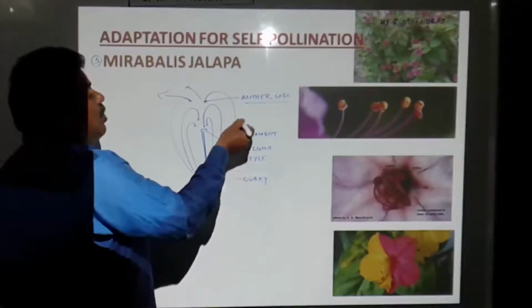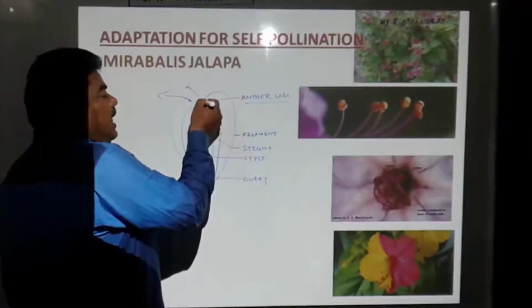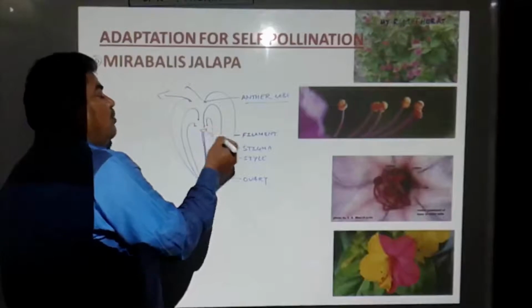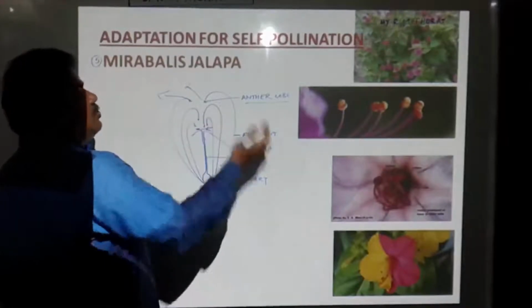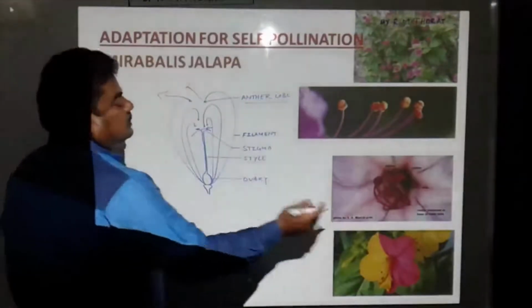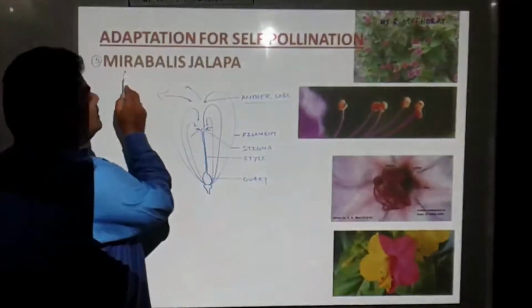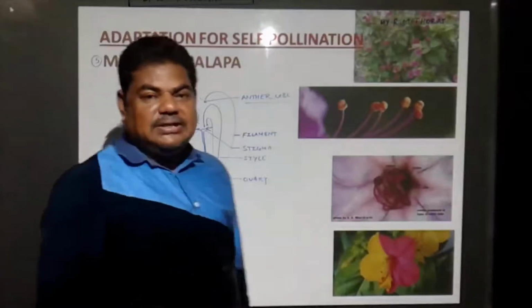The filament of the same flower along with the anther lobe gets bent down on the stigma of the same flower to gain self pollination and to avoid what? Cross pollination. Such a type of adaptation is carried out in case of this flower, Mirabilis jalapa.